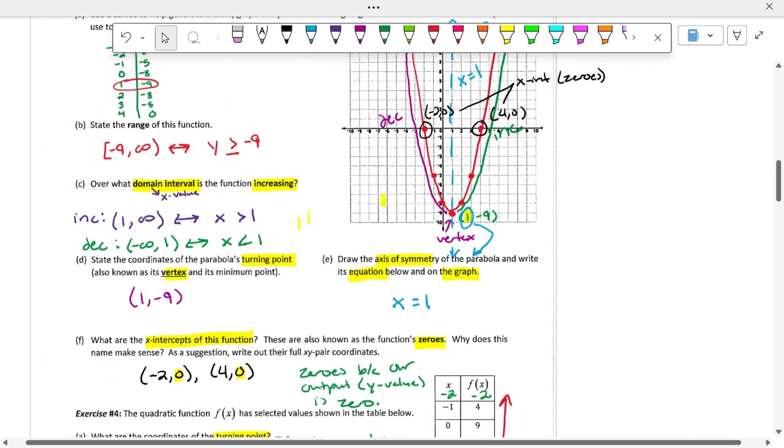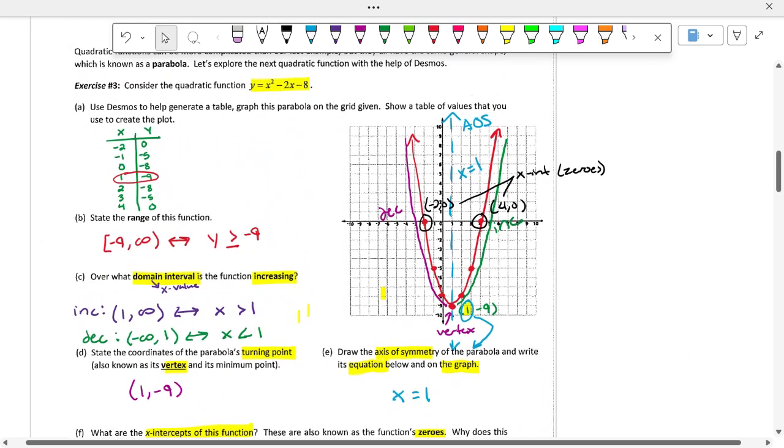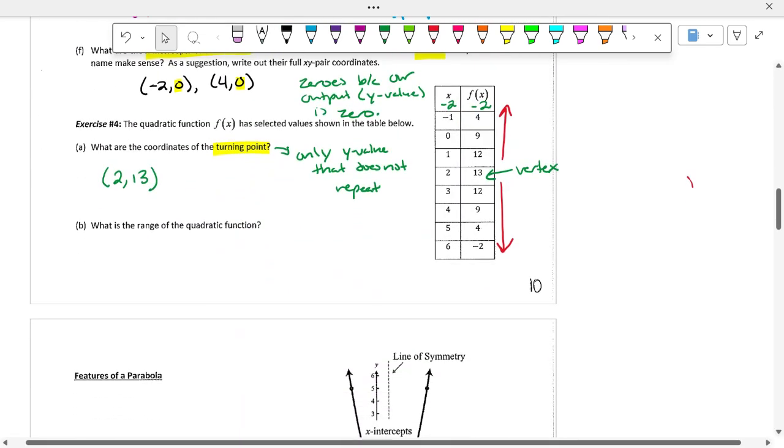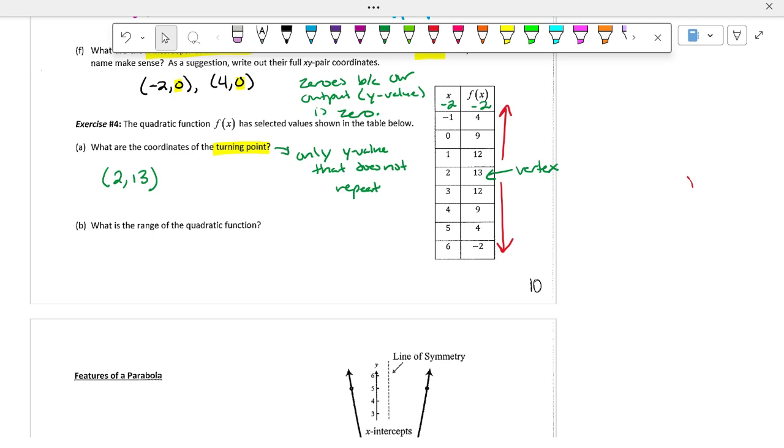So look back at the previous one. Where did we grab our range from? What y value did we use? The y value of the vertex, right? Well, don't we know what the vertex is? So can't we get the range? Yeah. So we know it's going to have 13 in some shape or form.